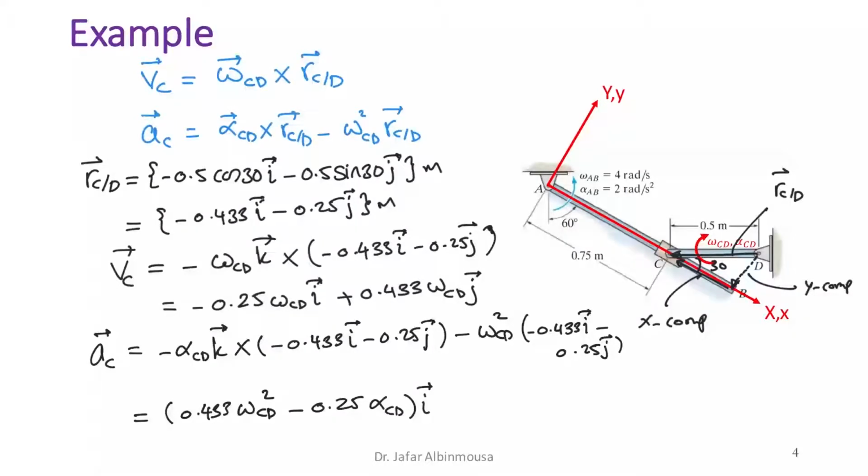All of this is the I component, and for the J component I will get 0.433 alpha CD plus 0.25 omega square CD. This is the J component.